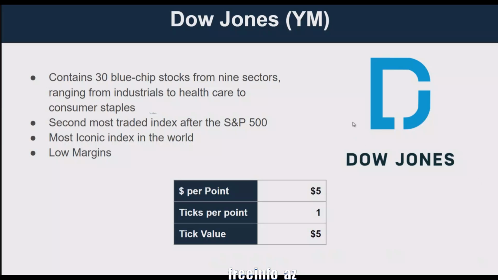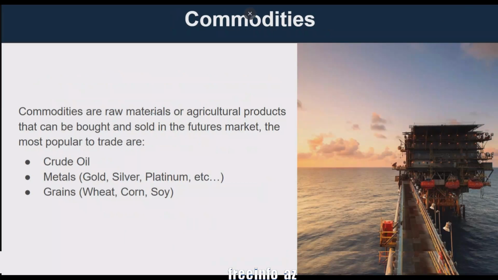So, and then you have your commodities like crude, metal, grains, and these are very interesting right now, and will continue to be very interesting as far as movements go. I can't imagine not wanting to trade commodities like raw materials like wheat, coffee, or cocoa or anything like that. It's very fun.